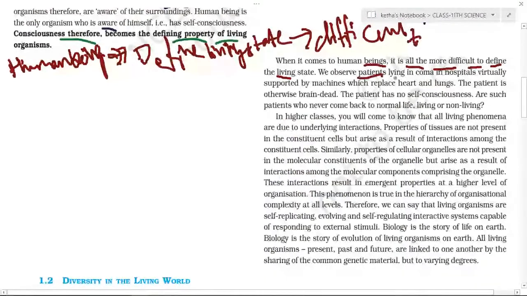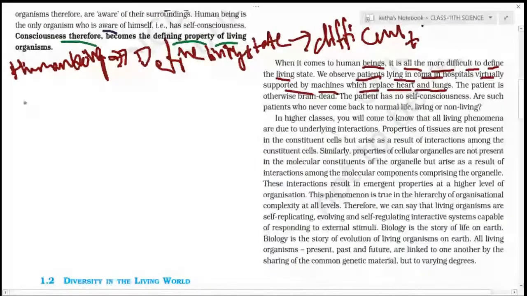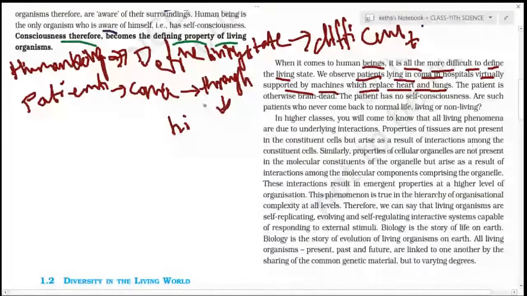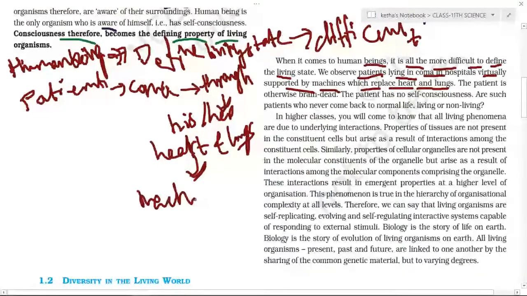We observe patients lying in a coma in hospital, virtually supported by machines which replace heart and lungs. The heart and lungs are replaced by machines. This means the body is present, but the mind is absent.